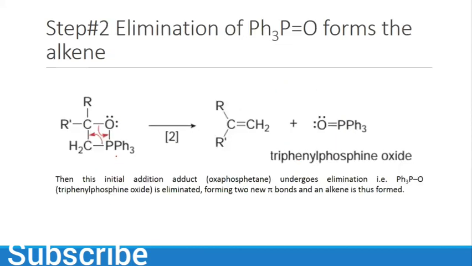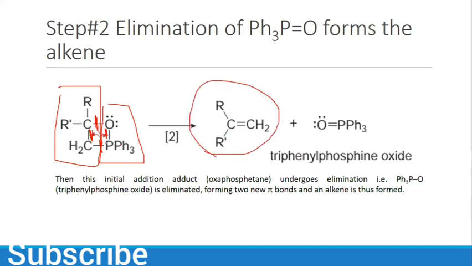So this is the first sigma bond, the new carbon-carbon bond. Now what will happen? This bond will break, and then we have a double bond here, and this bond will break, and then we have a double bond here. And then we have two products. One product is this one, and one product is this one. In this we have a carbon-carbon double bond, and this other product is our byproduct.